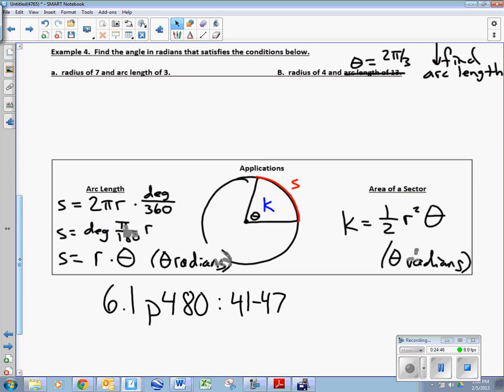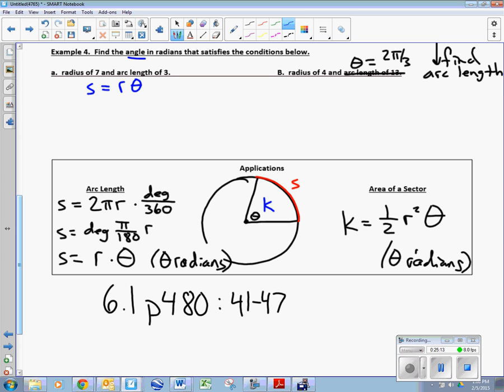We'll do some examples and you'll figure it out. Easy formulas. It says find the angle in radians that satisfies the conditions below. We'll use our formula. S, the arc length, equals r times theta, given theta is in radians. We want to find the angle, so we're trying to solve for theta.